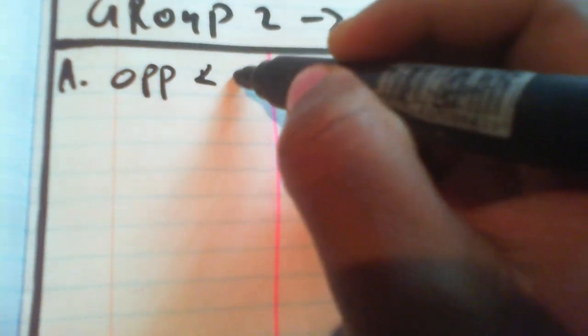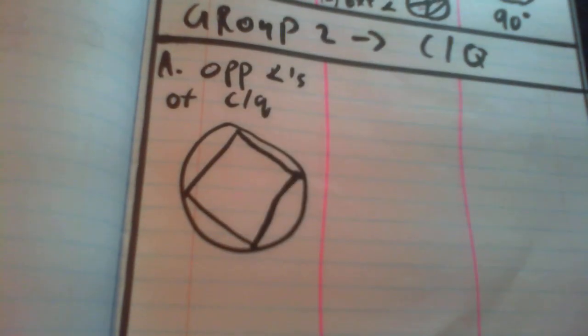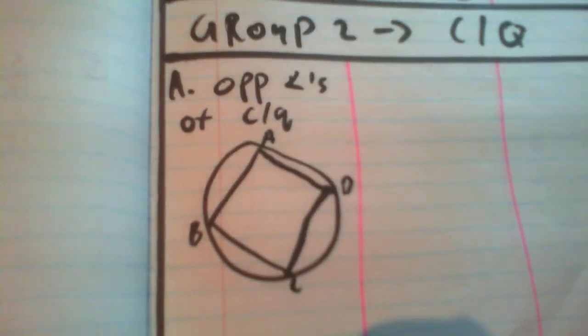So you have opposite angles of a cyclic quad. We are going to be having a circle and a cyclic quad. All 4 points must be on the circumference. So we have A, B, C, and D.